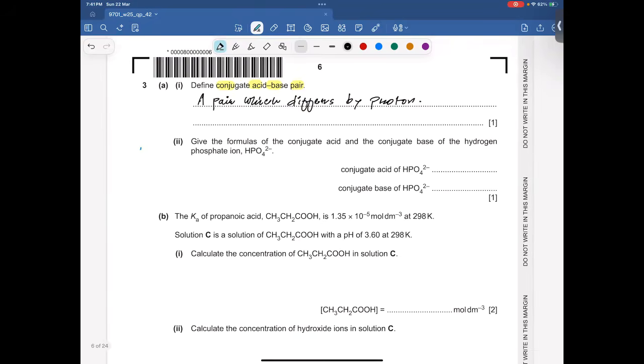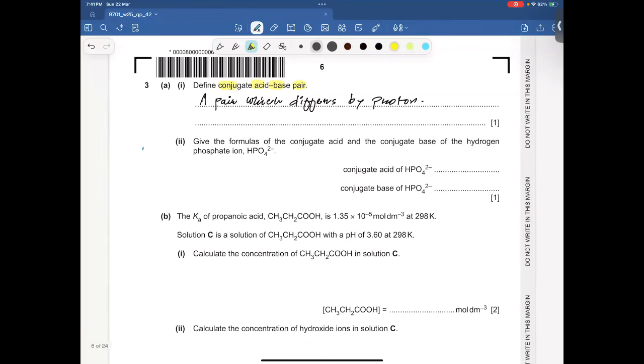Okay, give the formulas of the conjugate acid and conjugate base of hydrogen phosphate. By the way, hydrogen phosphate has an amphoteric nature, which means it is acting as an acid and acting as a base also.